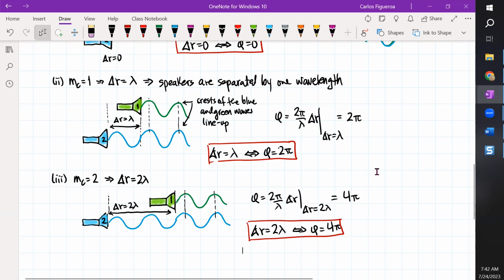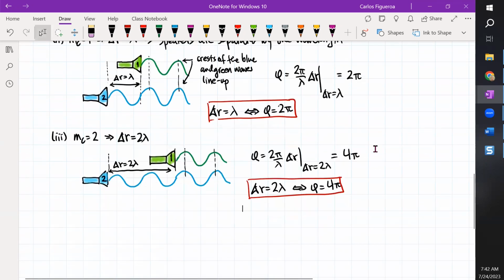So now we're seeing a pattern arise. My pattern reads something like this. Imagine that here's my MC value, and these values are going to be 0, 1, 2, 3, and they just keep going on.